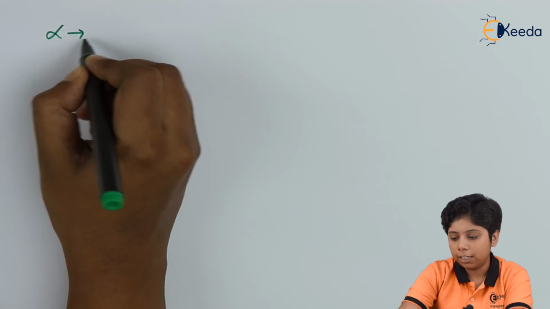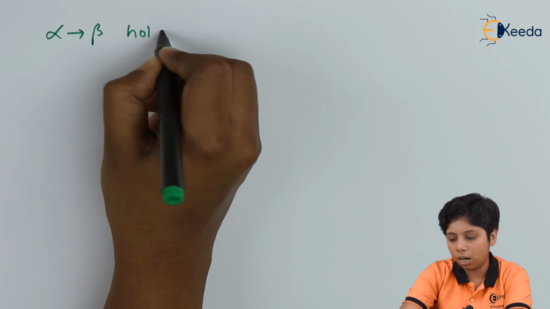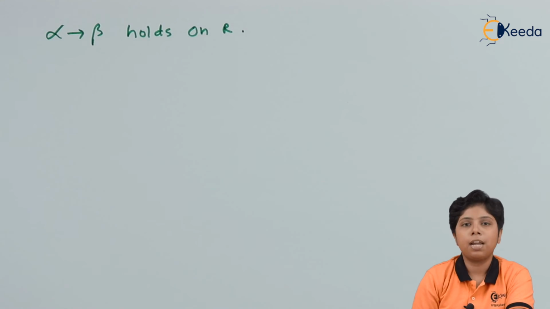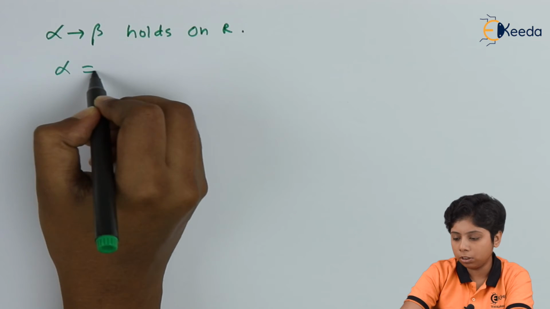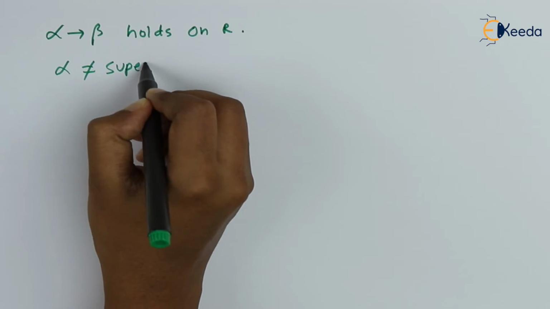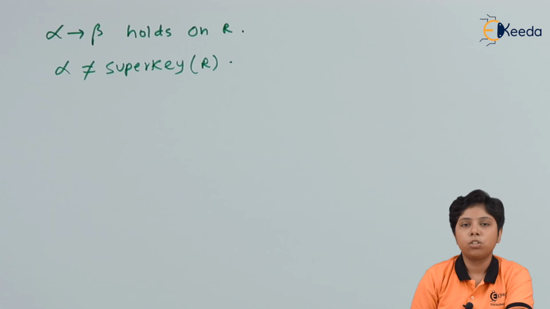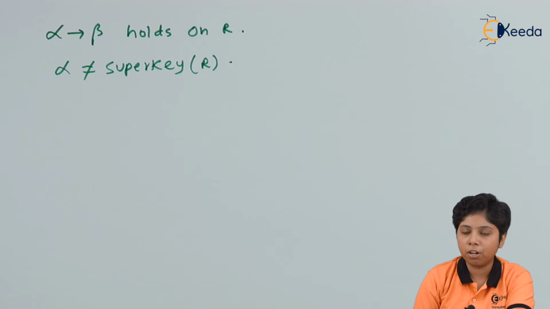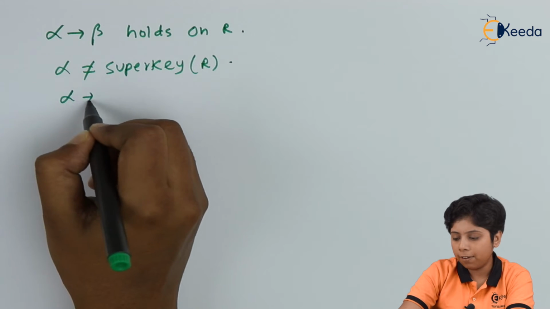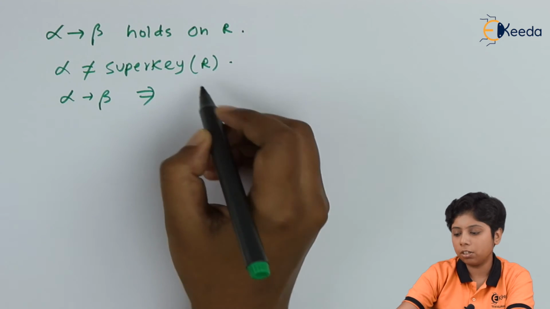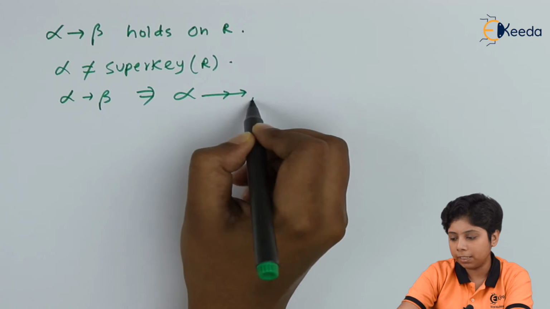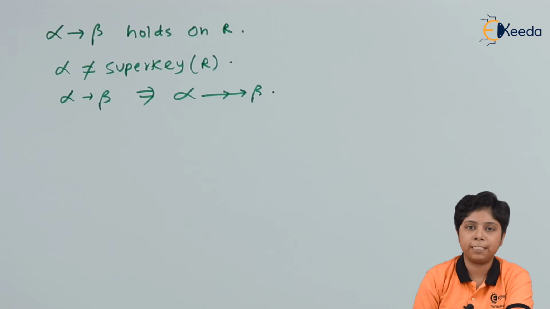Now, if there is an alpha defines beta that holds on R, and one of the constraints is violated, that means alpha is not a super key of R. So if alpha is not the super key of R, then alpha defines beta doesn't imply that alpha multivalued depends on beta.